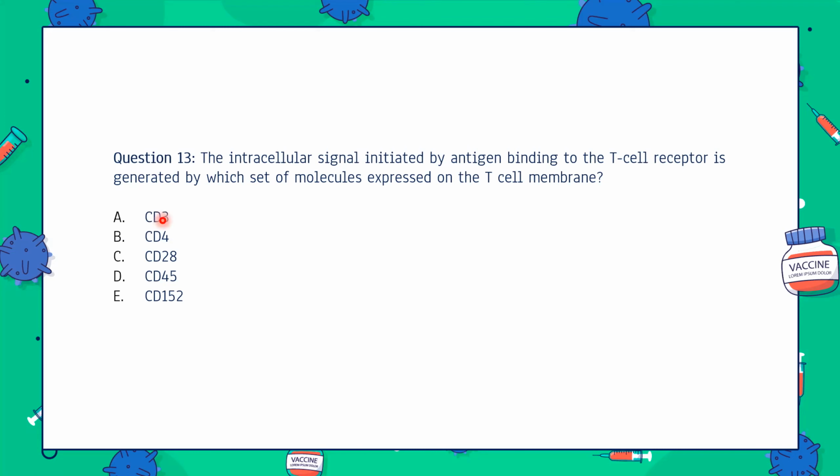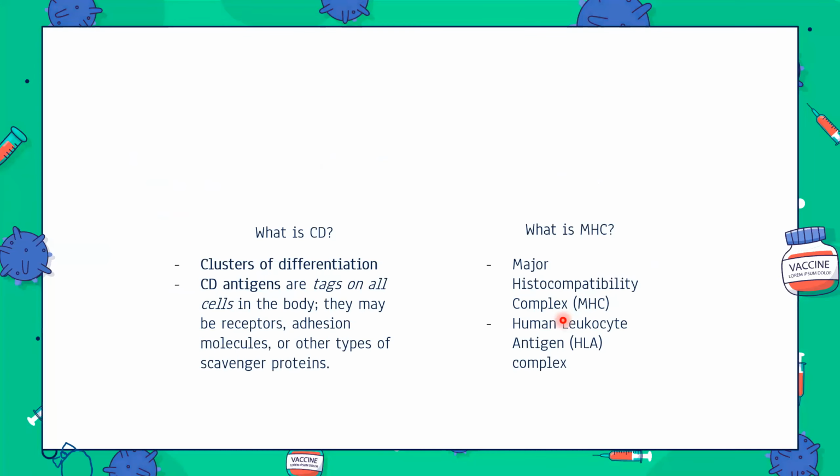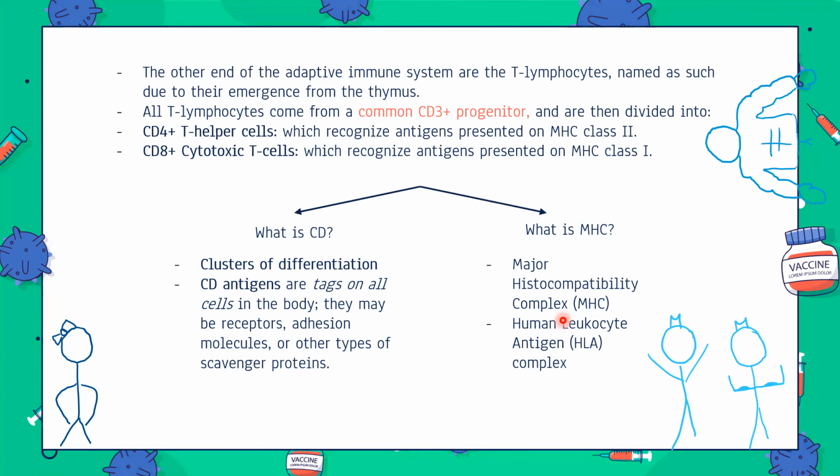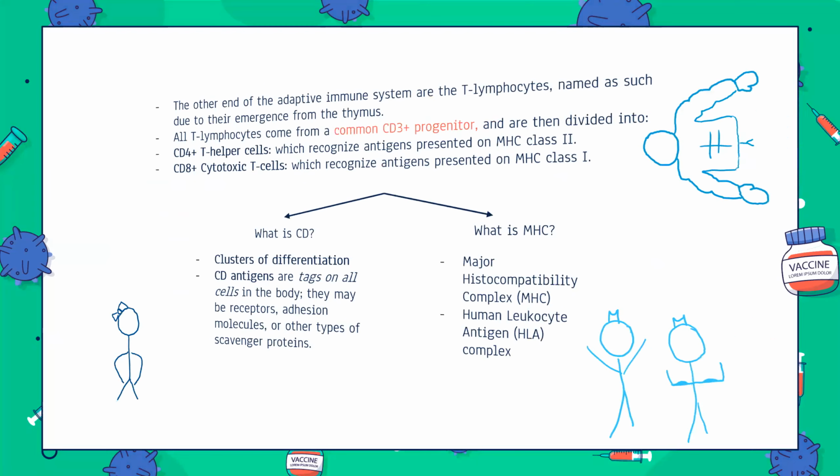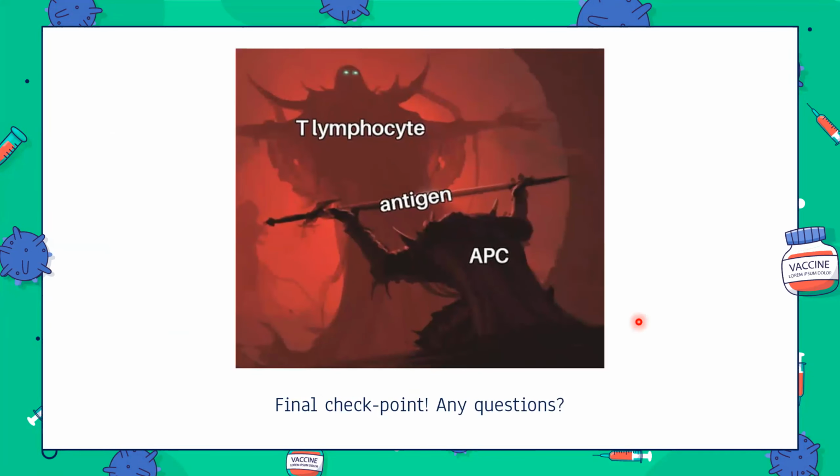CD3 presents first, and then afterwards, you're going to have a CD4 and a CD8 cell. So looking back at our slides, we see that we have a common CD3 positive progenitor that then can give me CD4 positive or CD8 positive T cells. And with that, we finally come to a close.